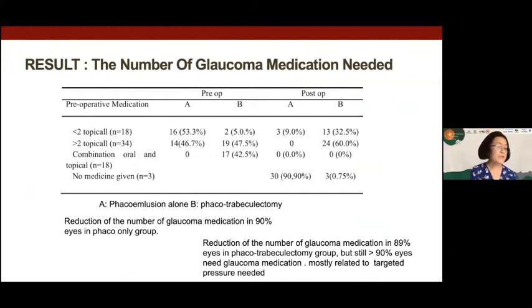There was a decrease in the number of patients receiving glaucoma medication by 90% in the phaco-only group. Meanwhile, there is a reduction in glaucoma medication of 89% in the combined phaco-trabeculectomy group, but still more than 90% of eyes need glaucoma medication, mostly related to the target pressure required.